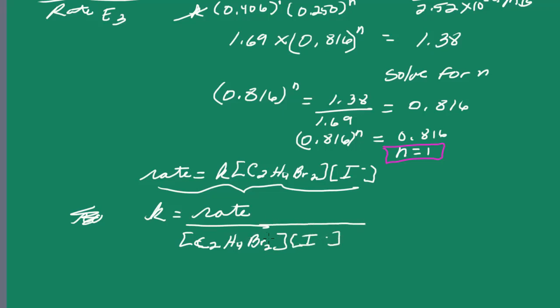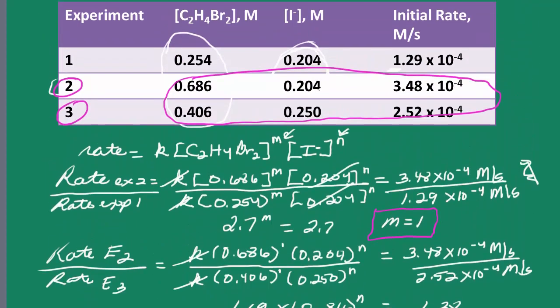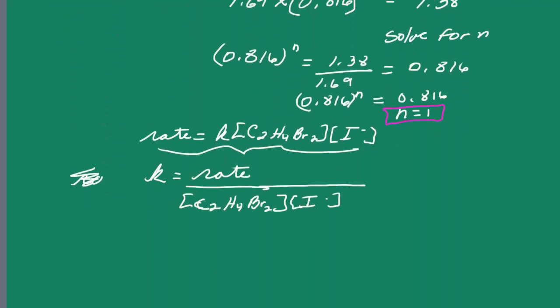My exponents, again, the order with respect to each reactant is 1, so I don't have to worry about that. And I'm just going to use the data from experiment 1 in order to determine my rate constant. You can use the data from any of the experiments. I'm just choosing experiment 1. So that's 1.29 times 10 to the negative 4 molar per second.